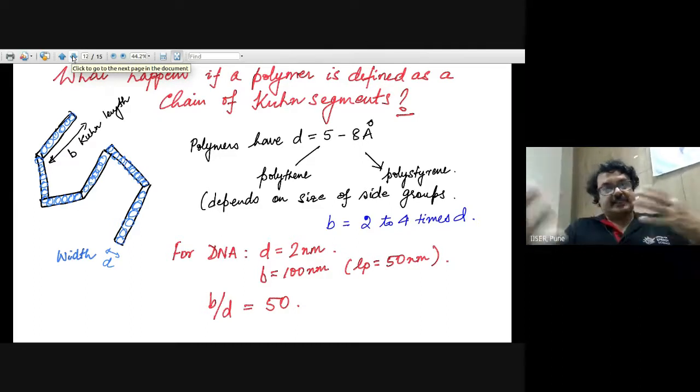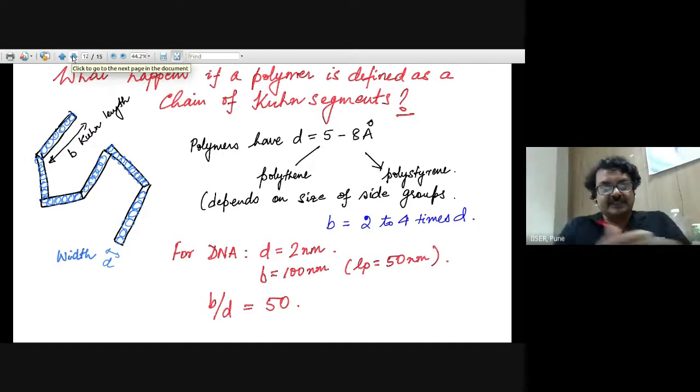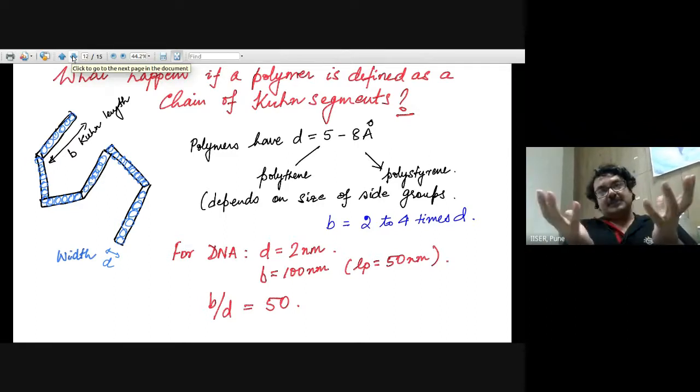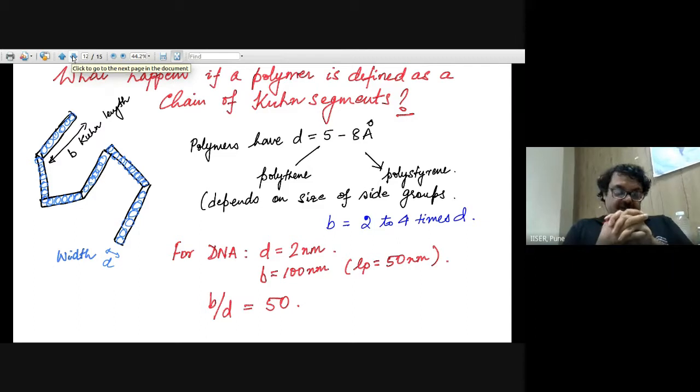So I wouldn't be interested if somebody tells me, I have polystyrene and I'm seeing this property. I'll say, what is the Kuhn length of the system? What is the persistence length? How much is the excluded volume? Is it in good solvent or bad solvent? And that's how we would talk, right? Because I want to talk in the polymer physics language, of course.